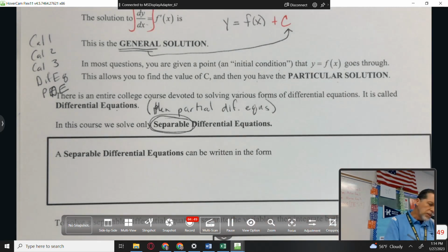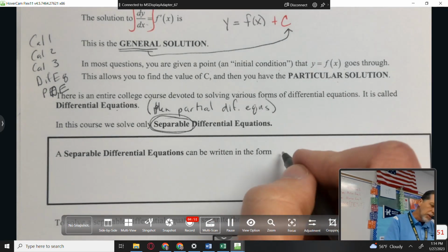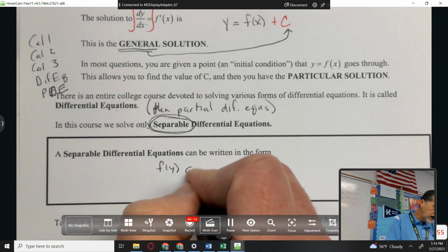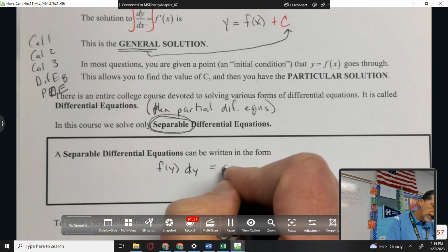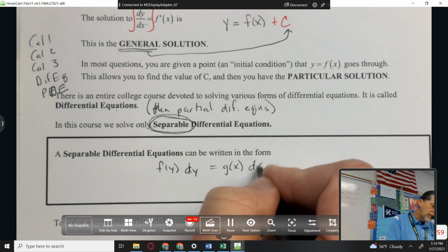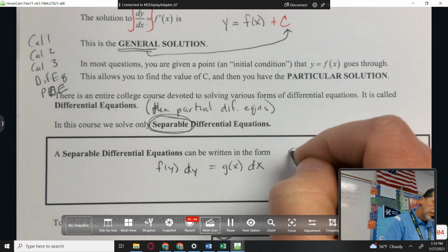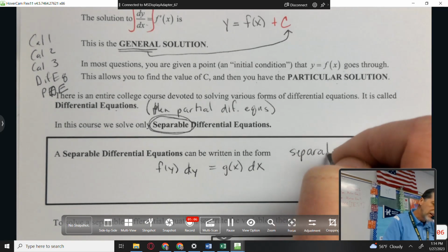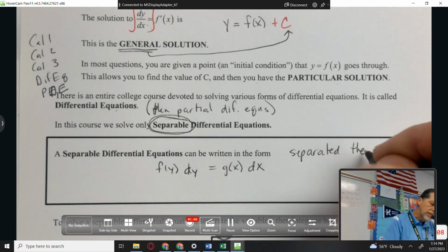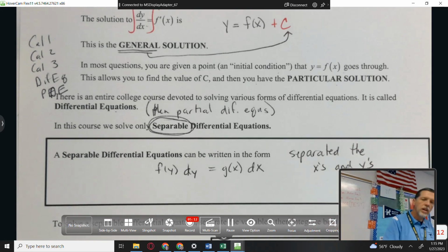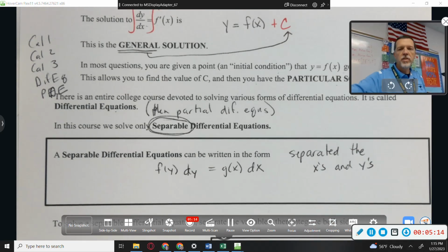A separable differential equation can be written in the form f of y dy equals g of x dx, meaning you've separated the x's and y's.